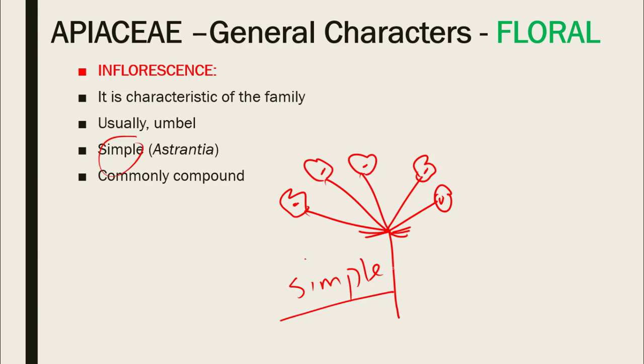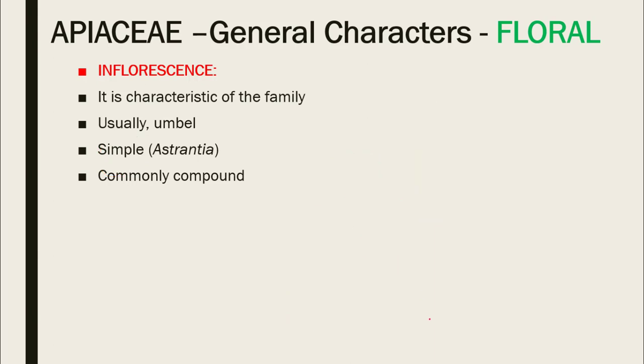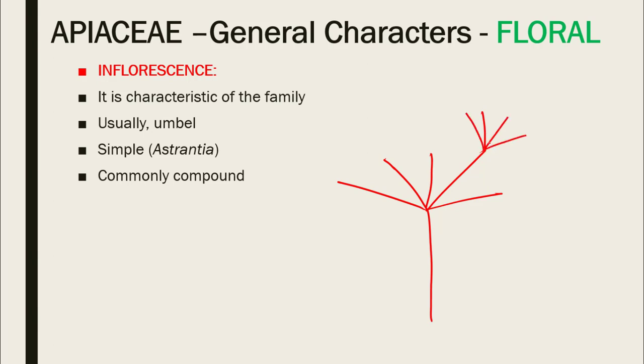If this axis gets branched and then those branches bear flowers, it becomes compound umbel. So the compound umbel would be like this one. Now these are not flowers, these are branches of the axis, and then these branches bear flowers in what we call umbellate manner.